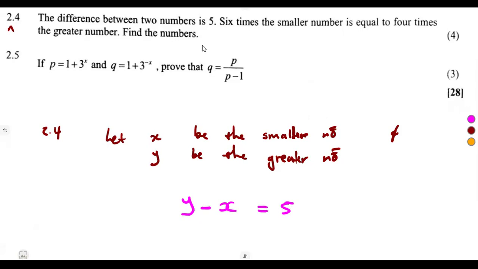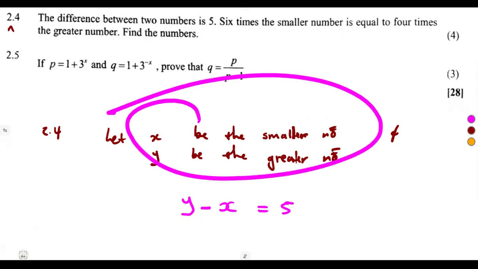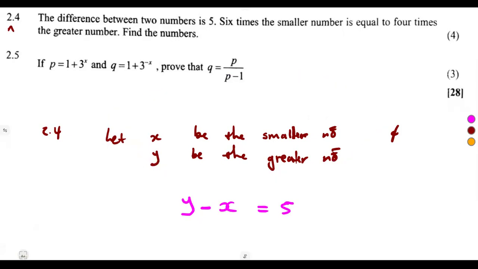We cannot get a negative from that. But if we say smaller minus bigger, you get a negative. So it cannot be X minus Y. It's supposed to be Y minus X, according to how we mentioned that this one is our bigger, this one is our smaller. Then they are saying on the other part, 6 times, whenever you're given the word times, multiply.